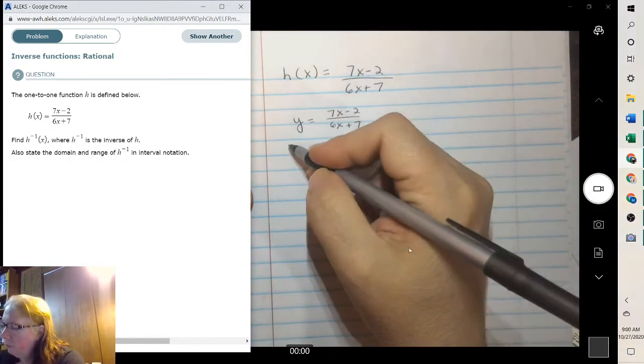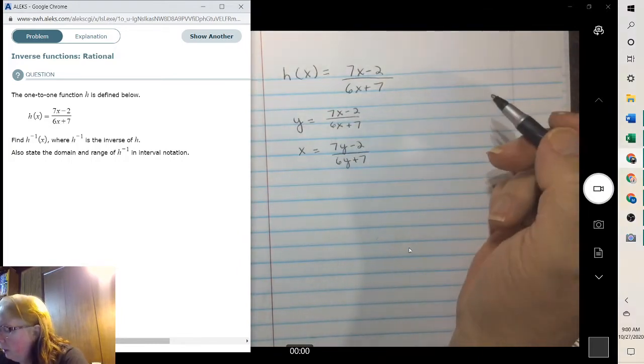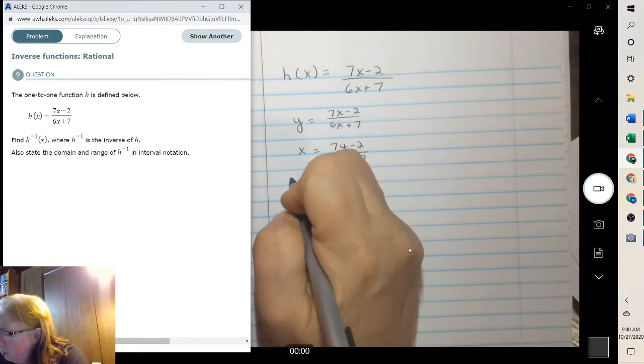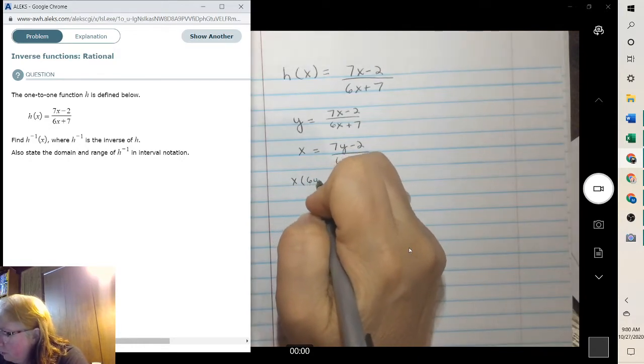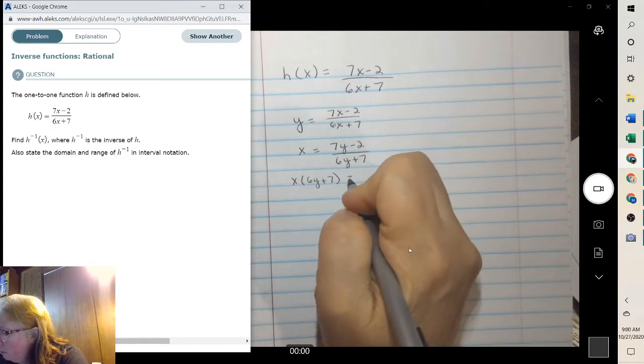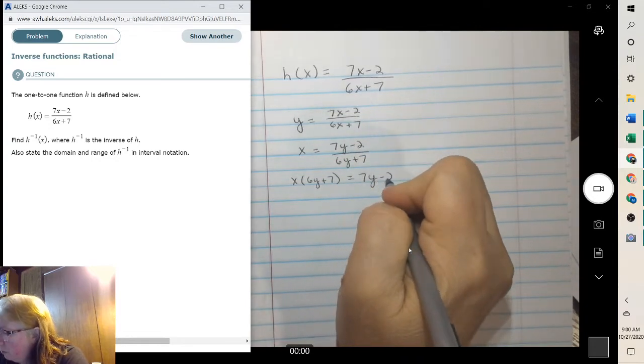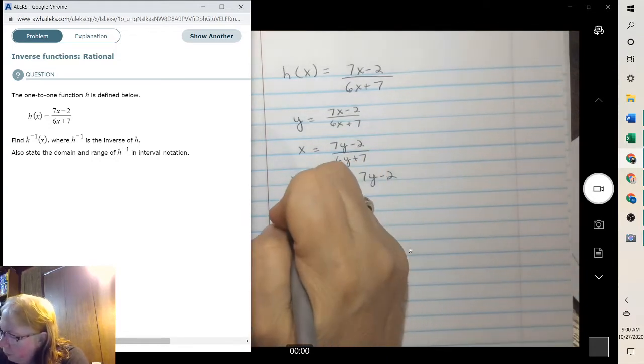Okay, we can multiply this to the other side. And then distribute.